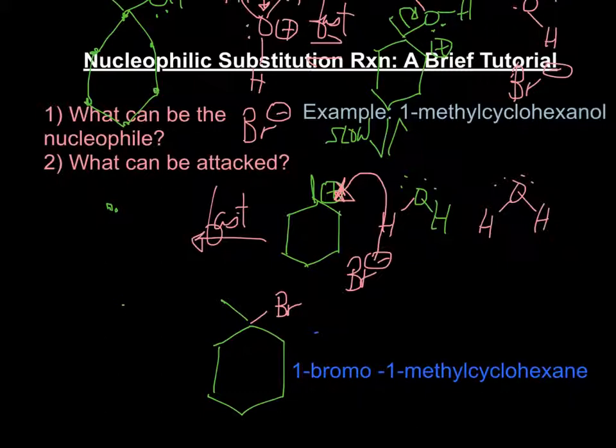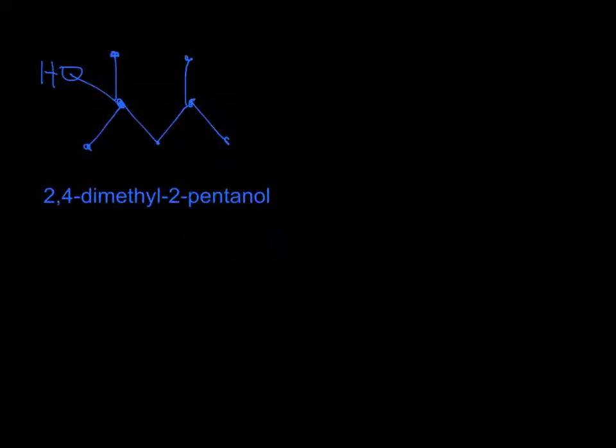So now, on the next slide, I'm going to give you a sample problem, and then I want you to pause the video and see what product you form. So, for your problem, I want you to do the substitution reaction of 2,4-dimethyl-2-pentanol using hydrochloric acid.